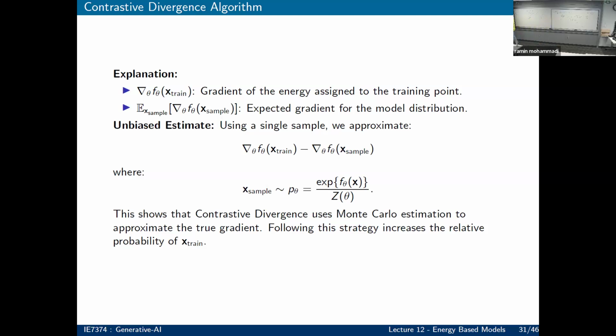Because you only have one sample, there's no expectation anymore. So that expectation disappears. It is the gradient of the energy function for a data point from your training data minus the gradient of that function for a data point from your sampling. Your goal is to minimize this. Okay, so the next example basically comes from this distribution that we just saw.